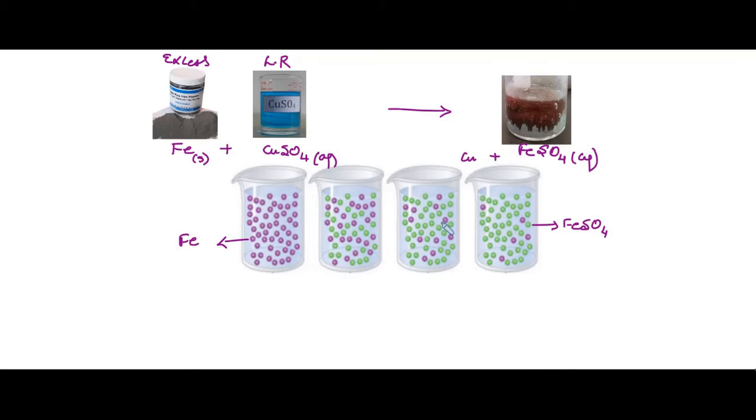And once the complete copper sulfate, which is the limiting reagent, has been used up, no more ferrous sulfate will be produced. So here we are making the assumption that copper sulfate, the limiting reagent, will be completely consumed. At that point, the iron, which is in excess, will still remain, but the production of iron sulfate will no longer happen.